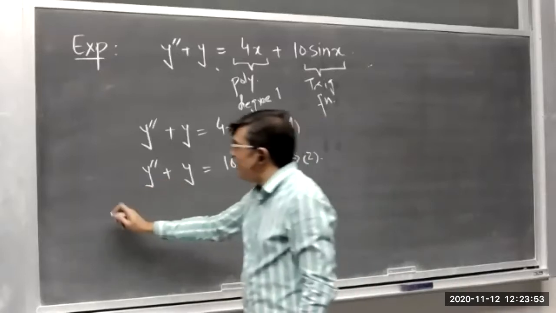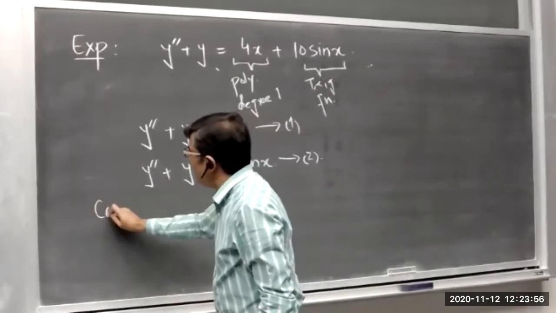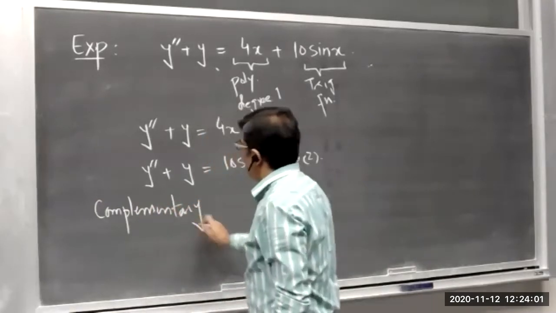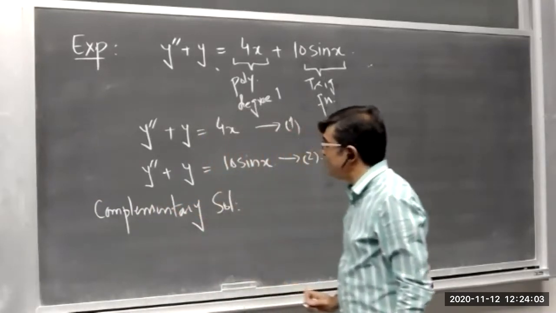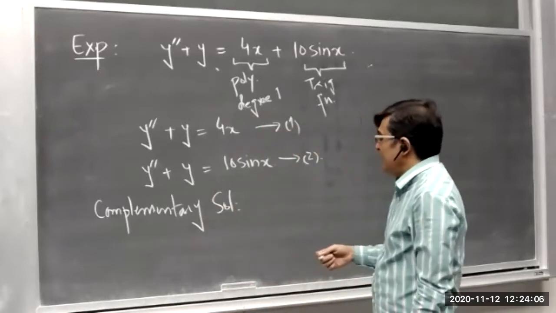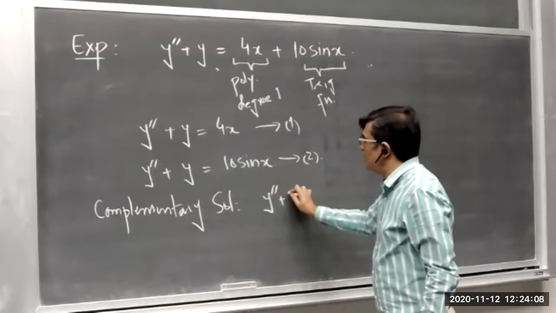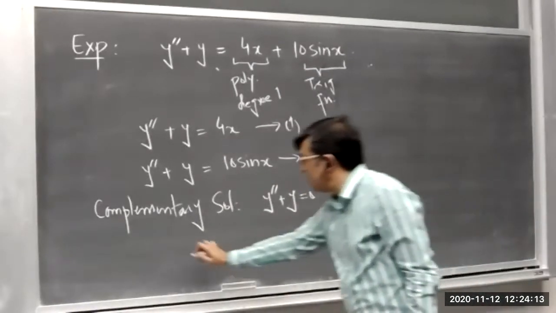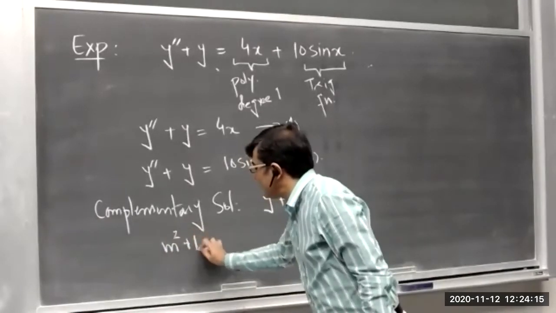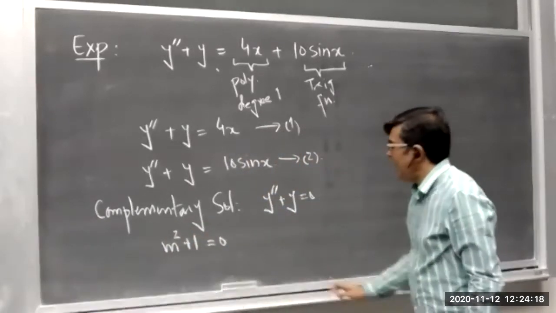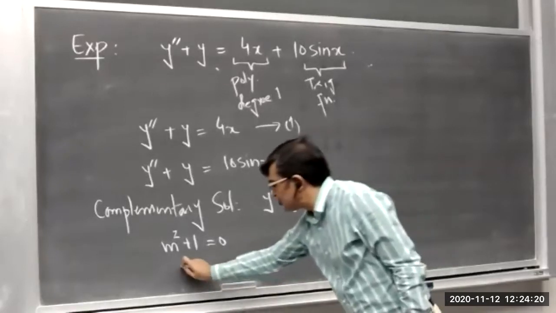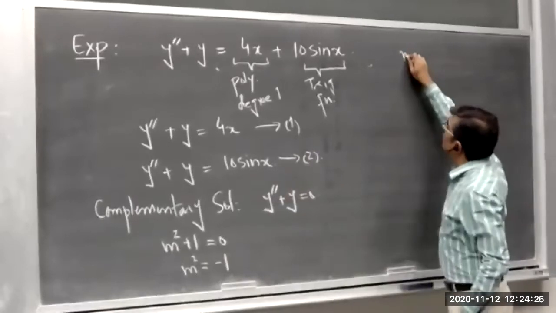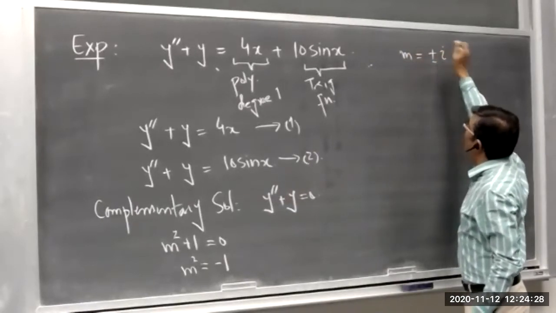The complementary solution will be the same for these two equations. We write the associated homogeneous differential equation this way and find the characteristic equation, m squared plus 1 equals 0, and the roots are m is equal to plus minus iota.